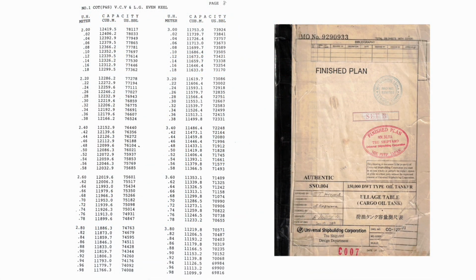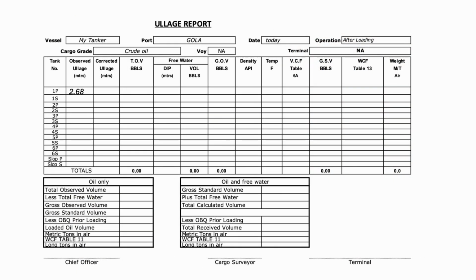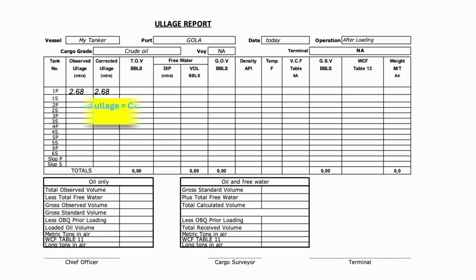First, let's find total observed volume for each tank from the vessel's tank tables. Calculate free water volume for each tank and enter it in the ullage report.